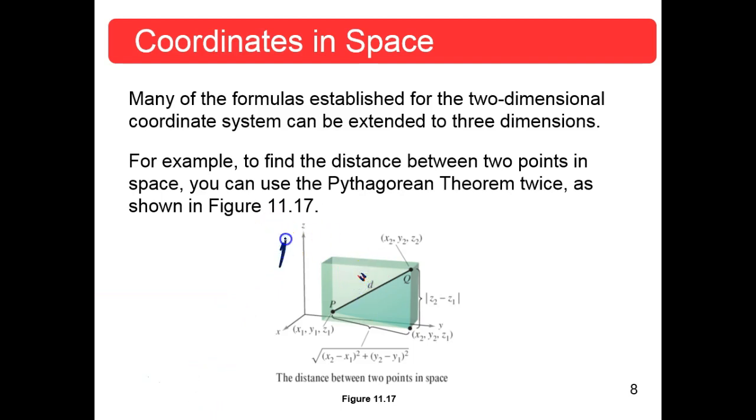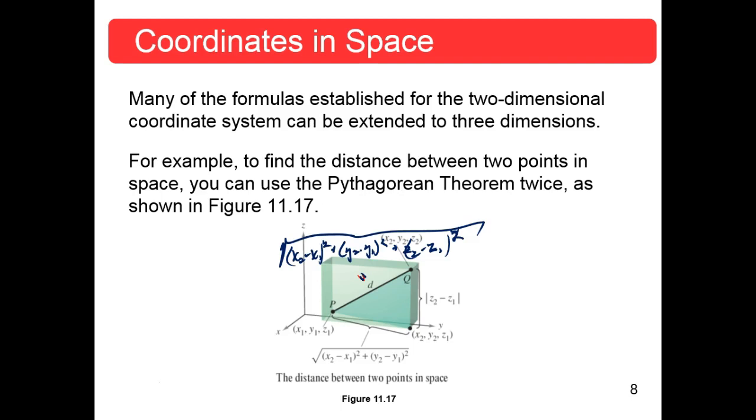D would be the square root of x2 minus x1 squared plus y2 minus y1 squared plus z2 minus z1 squared. That's a pretty ugly 2. Okay. That's how you do it. You just extend it one more unit out. Okay. There is your distance between any 2 points in space.